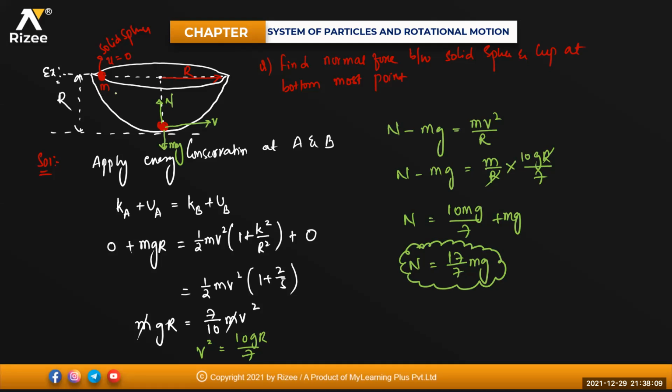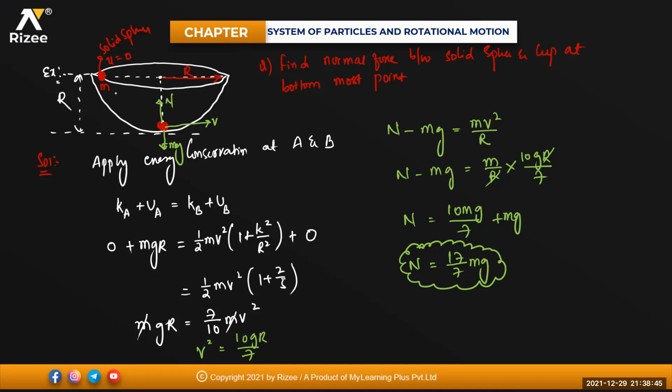Now the question is, find the normal force between the solid sphere and the cup at the bottommost point, right? Clear, beta? Any doubt in this problem?